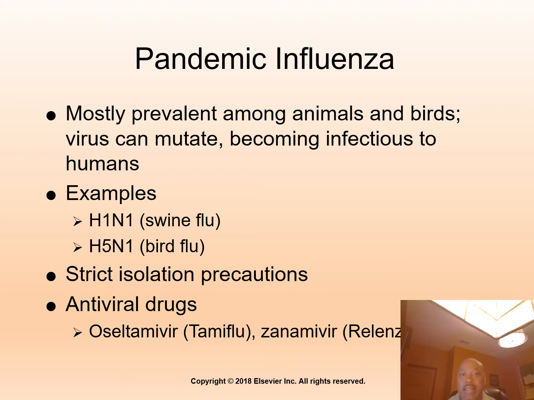The initial signs and symptoms of avian flu are cough, fever, and sore throat. Then it will progress to shortness of breath and also pneumonia. These patients also experience vomiting, diarrhea, abdominal pain, and bleeding from the nose and gums.